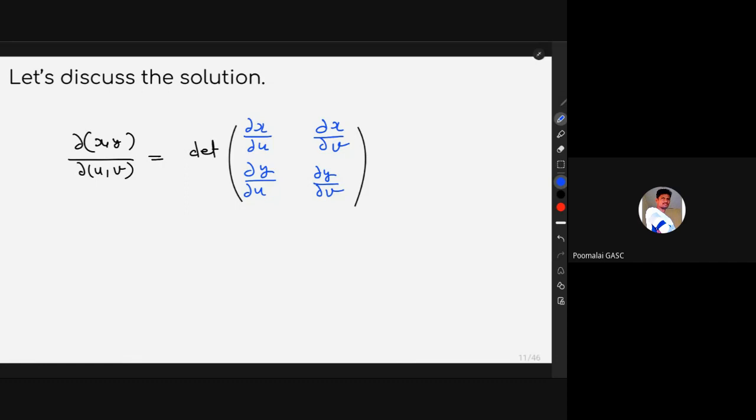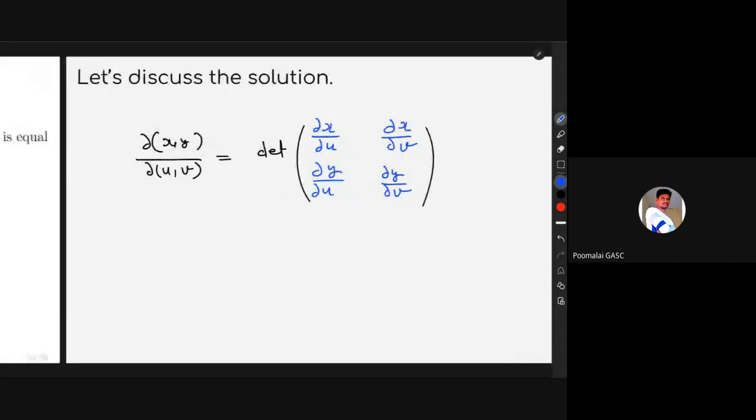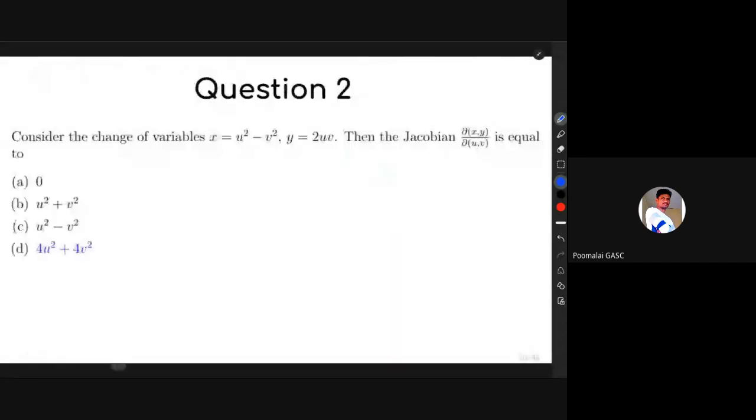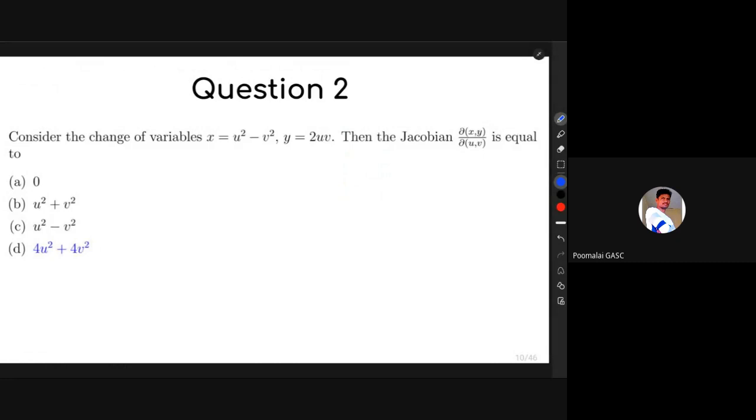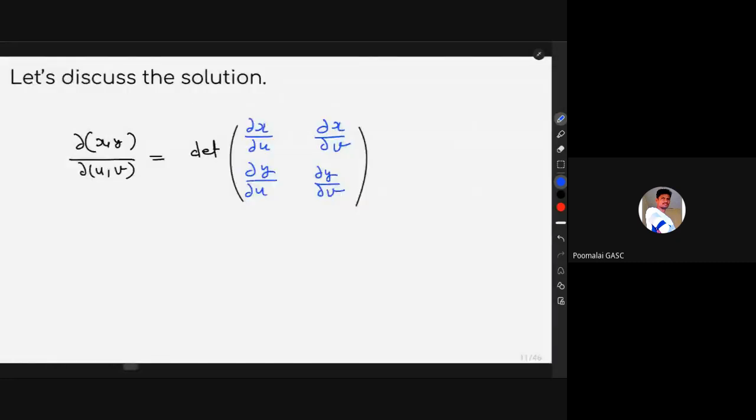The Jacobian is the determinant of this matrix, so you just need to calculate the partial derivatives of x and y with respect to u and v. In this question it is pretty easy because you are already given the expressions for the change of variable: x in terms of u and v, y in terms of u and v. So let me do the calculation for you.